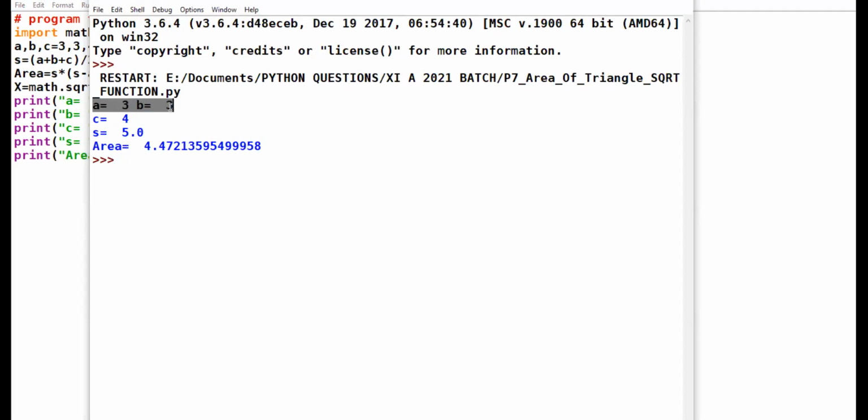Where A is coming and where B is coming. In the previous output, B was in the next line, but in this output, B is on the same line where A was there, because I have changed the value of end parameter.